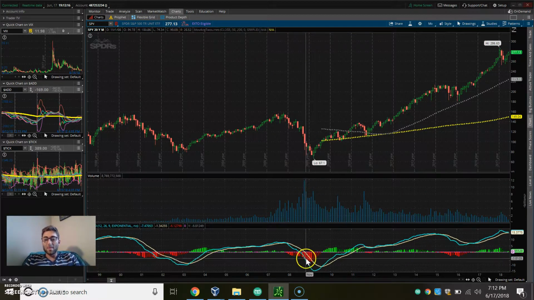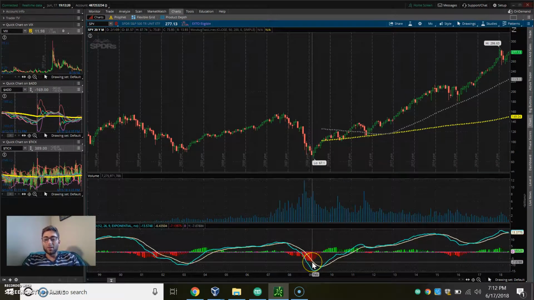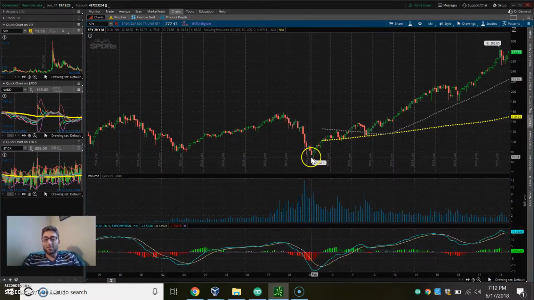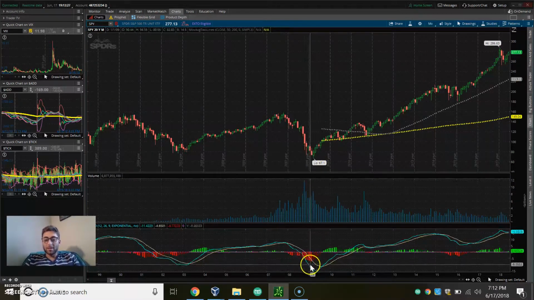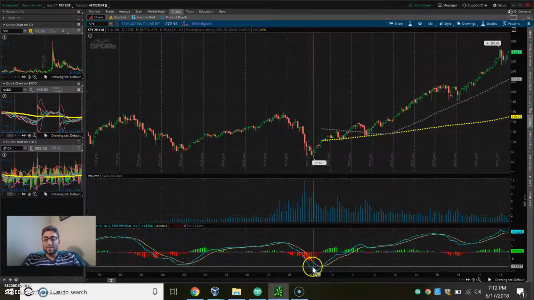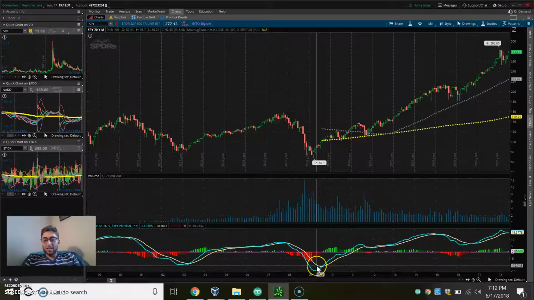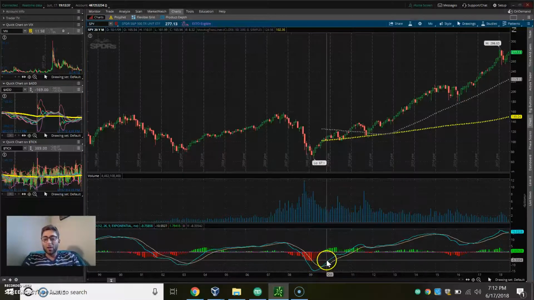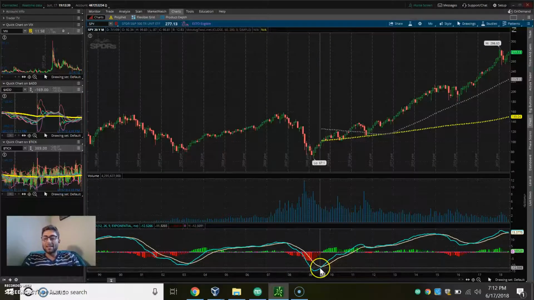And then I go to the MACD and I make sure that the two lines are pretty far apart. So right here, after it got sold off, started to form the bottom, you can see the MACD is very far apart. And the best way to make money from a reversal is when it clearly crosses on the MACD.